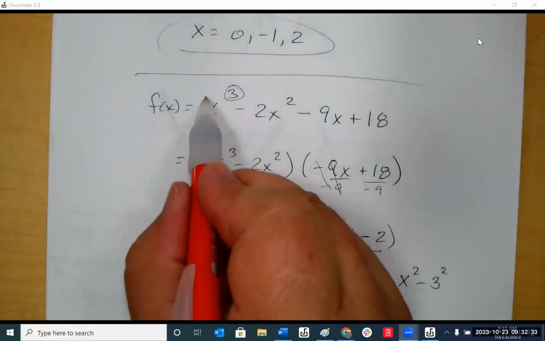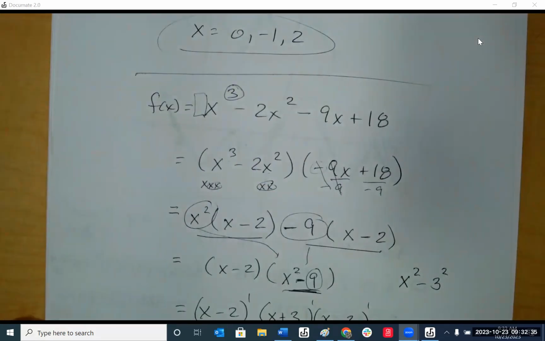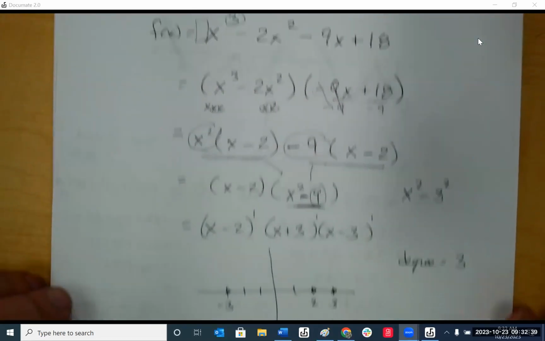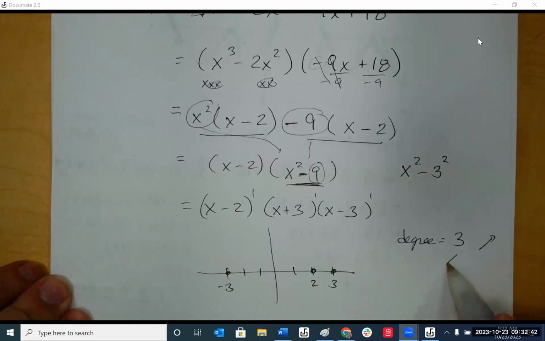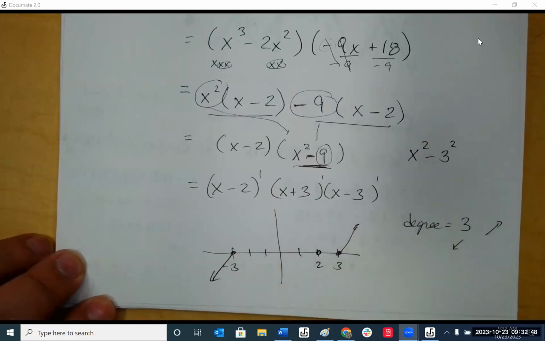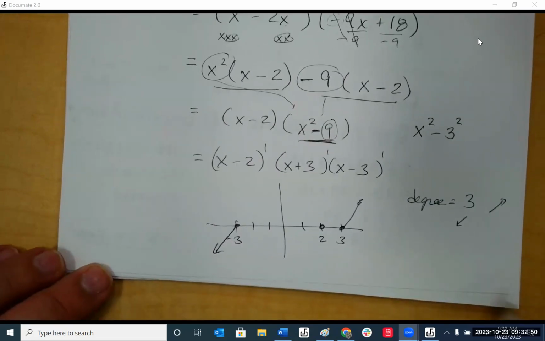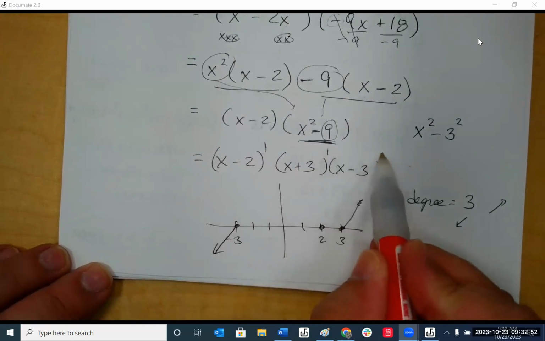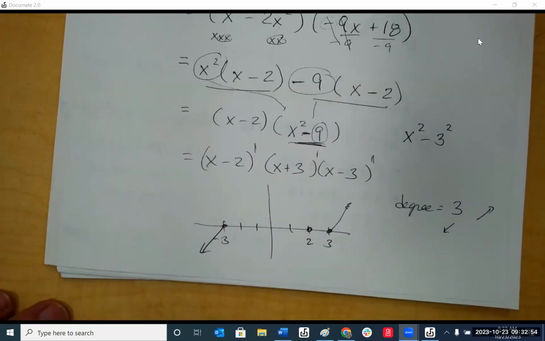And since the leading term is positive, what does that tell me about the end behavior? Yeah, one side goes up and the other side goes down. It goes up to the right. And since they're all odd exponents on the answers, they cross or bounce.